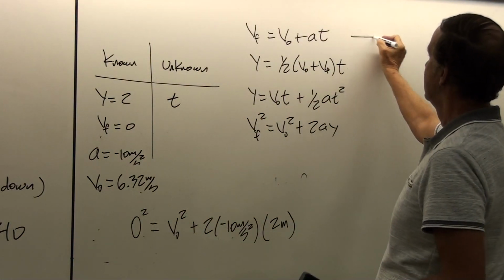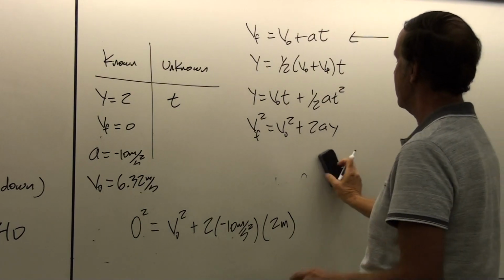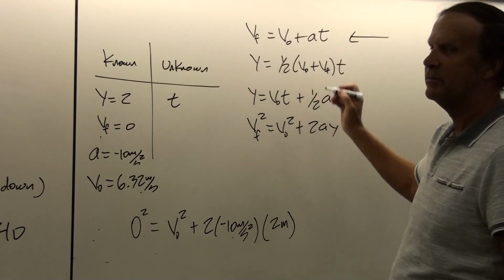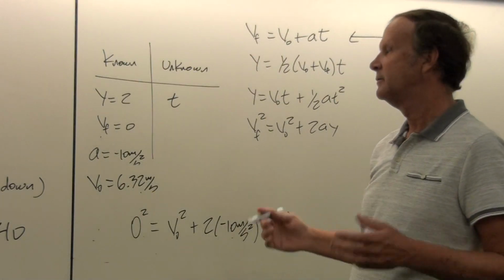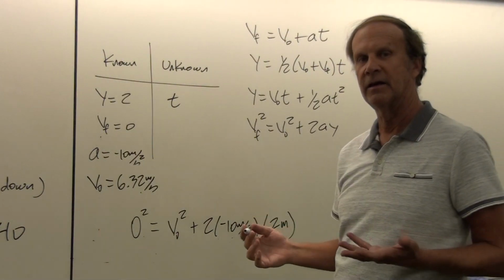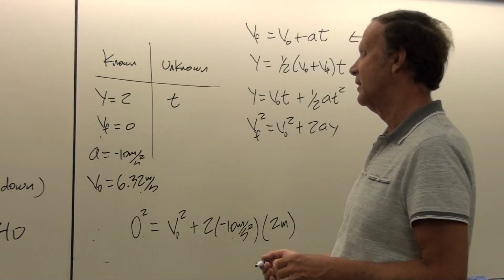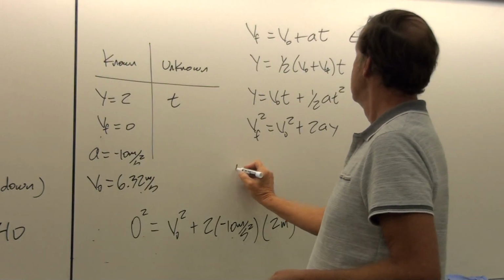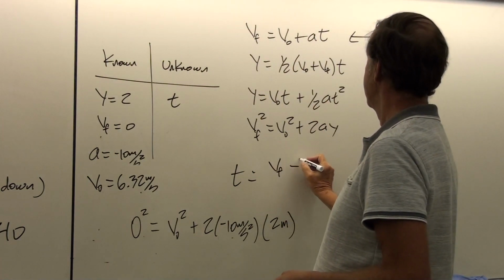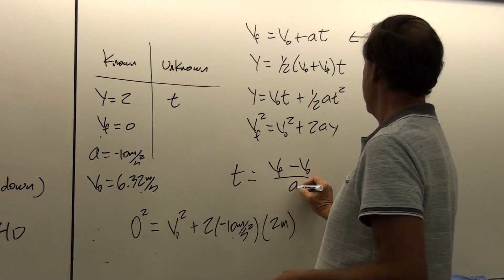And as I've explained to you before, my personal favorite is equation 1 because it has the least amount of algebraic computation and is the easiest one to solve without making a silly mistake or taking too long to solve. So t then from the first equation is just v final minus v initial over a.